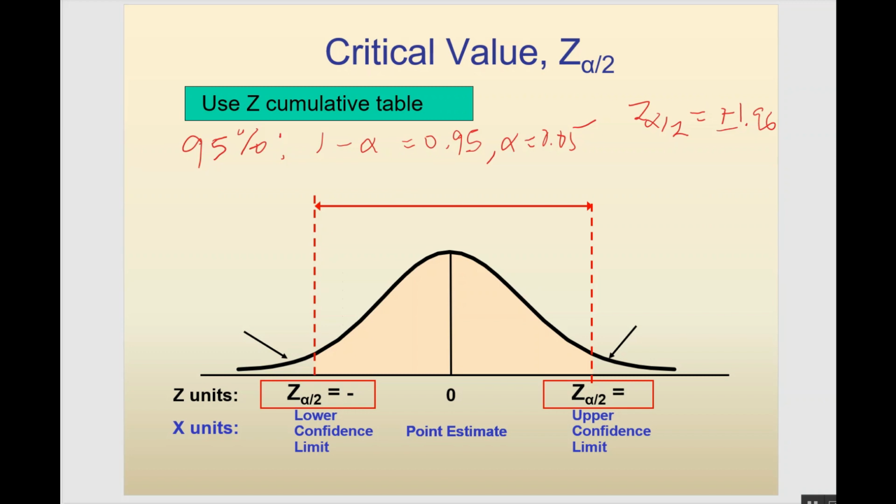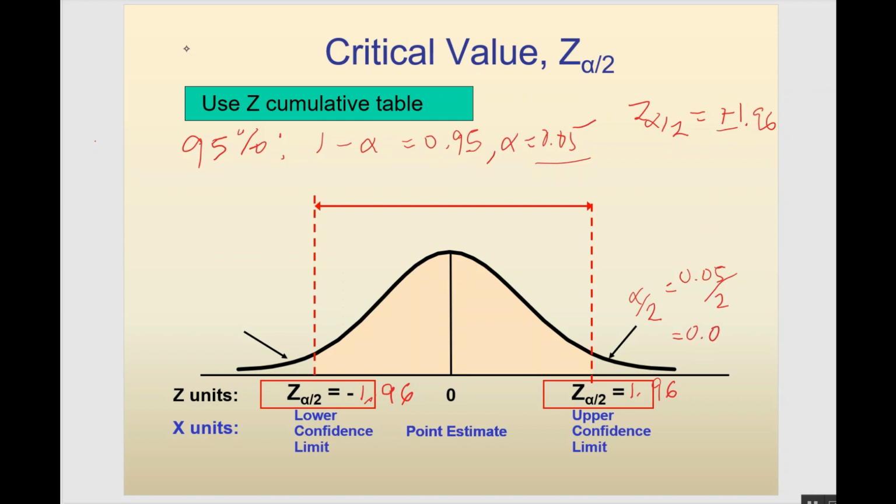As we have found just now, your z on the left tail will be negative 1.96, and on your right tail it is positive 1.96 for your upper confidence level. So basically, this is how we counted just now. Alpha divided by 2, you know that alpha is actually 0.05, so 0.05 divided by 2.